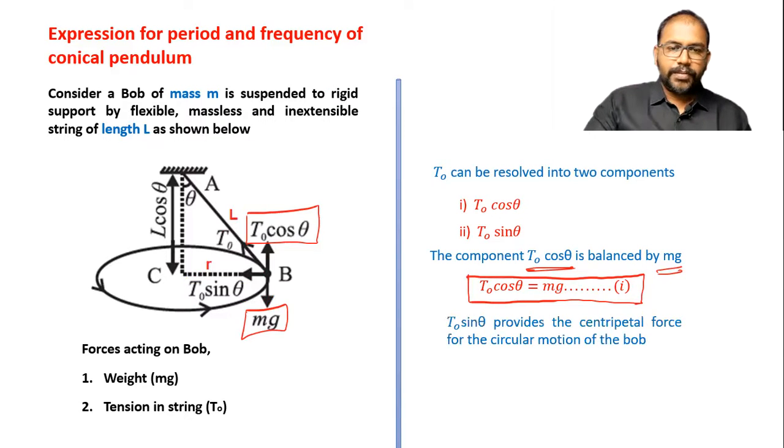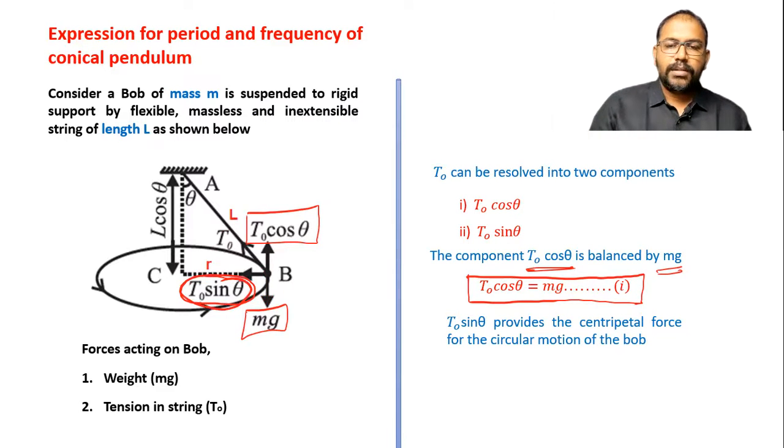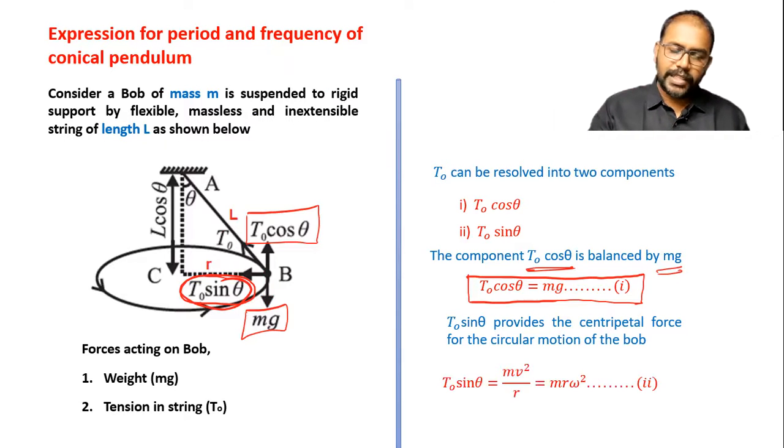Now, the second component, T0 sin theta, provides the centripetal force. You know that centripetal force is along the radius and toward the center. If you see this diagram carefully, T0 sin theta is along the radius and toward the center of the horizontal circular path of the bob. So centripetal force is equal to T0 sin theta.